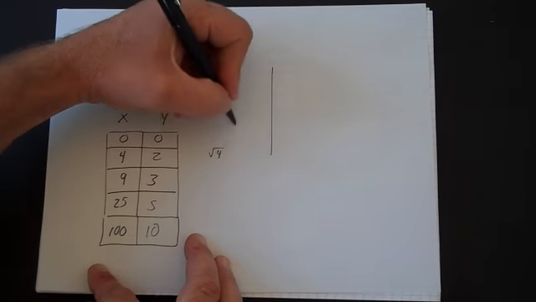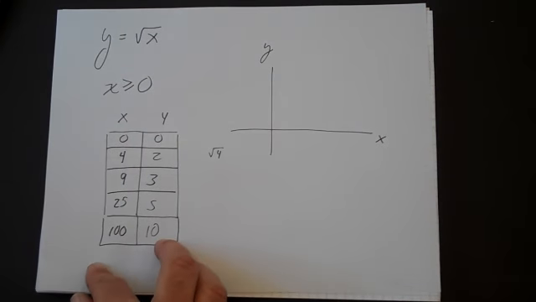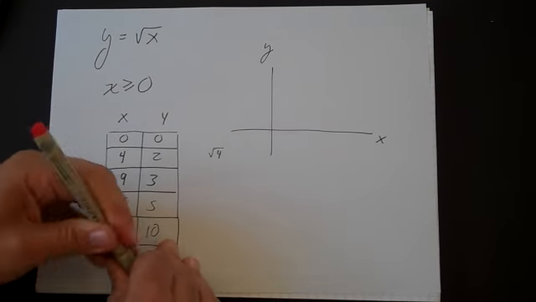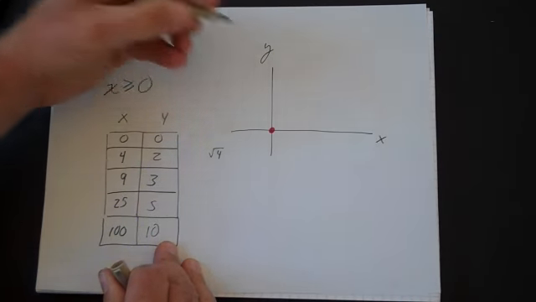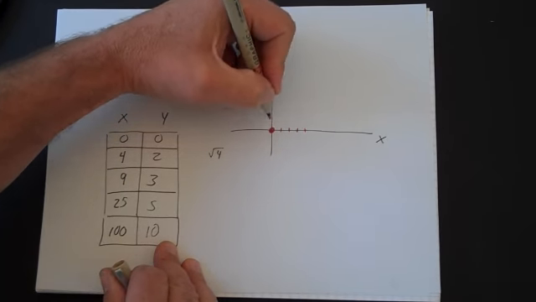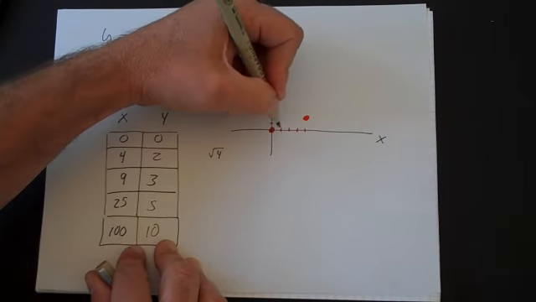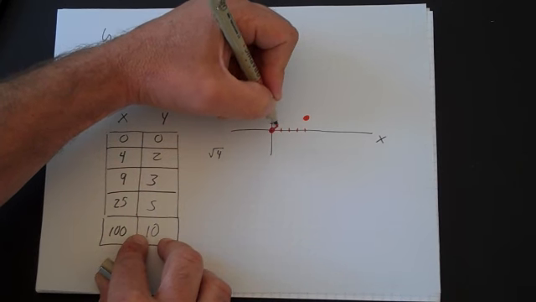What you basically end up with, we'll draw it more carefully in a minute, is you start off with 0, 0. At x equals 4, you're at 2, so that's 1, 2, 3, 4, 1, 2. That stays there. And then what happens is you have to increasingly get larger and larger.